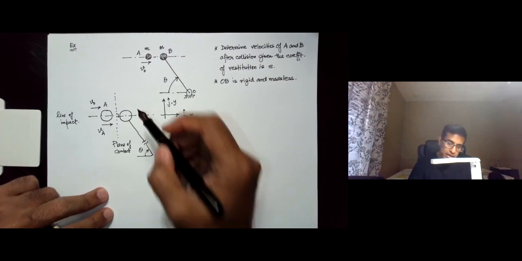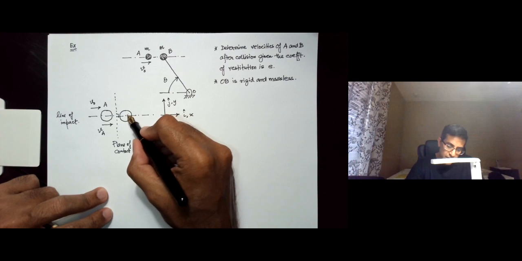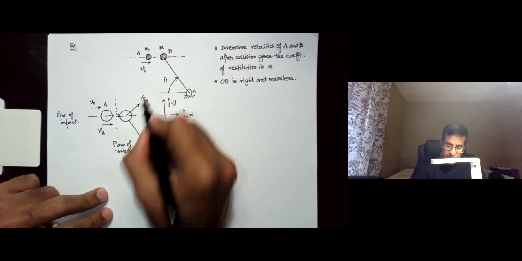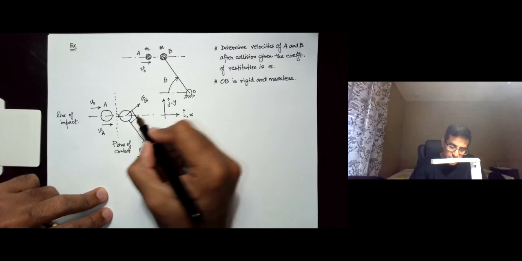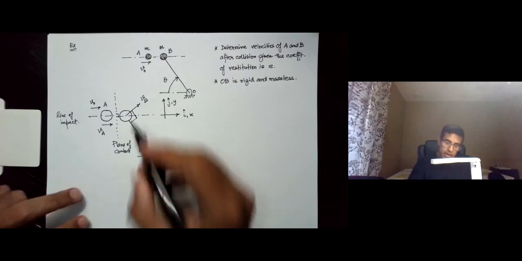So it is quite clear that after the impact, B is going to have a velocity in the direction perpendicular to the rod, because clearly B cannot move towards or away from the pivot along the rod.